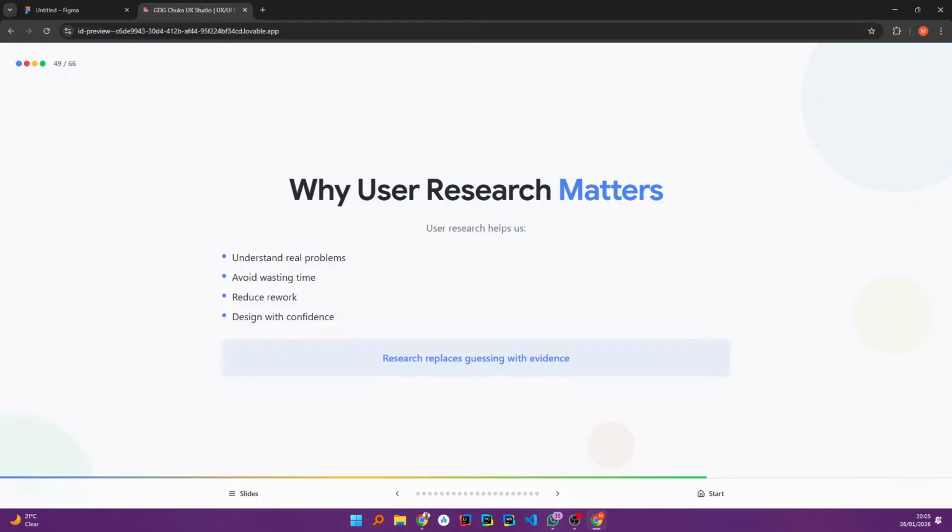Remember, if you design with assumptions and then proceed to actually creating a product, you might notice that users are experiencing friction while using the product, and as a result you'll have to go back to the drawing board and start over again and look at the friction that the users are facing, and that will take a lot of time. So that is also another thing that makes user research important.